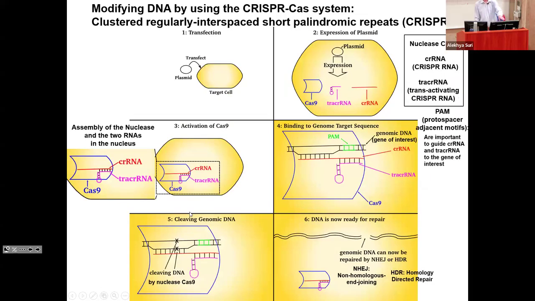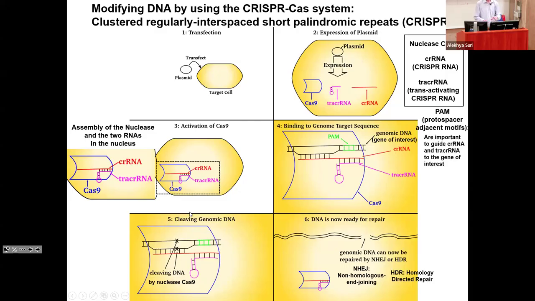So this is like a scheme: you have different plasmids that you transform into the cells where you want to make the mutation, and you have the guiding RNAs that will anneal and introduce the mutations, and then you have the nuclease.